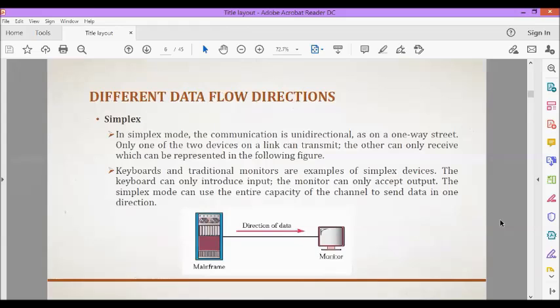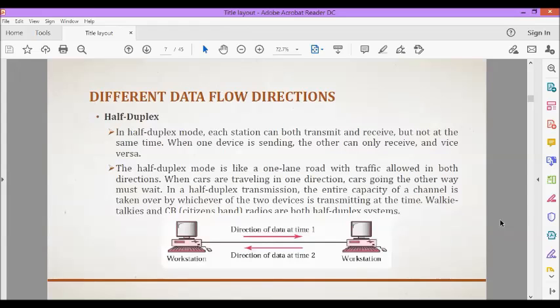And there are also three different types of data flow directions. We have the simplex, which is a transmission of communication that is unidirectional or one way. Then we have the half duplex.